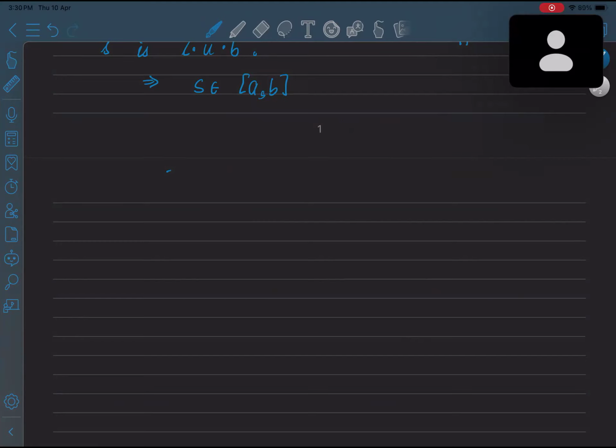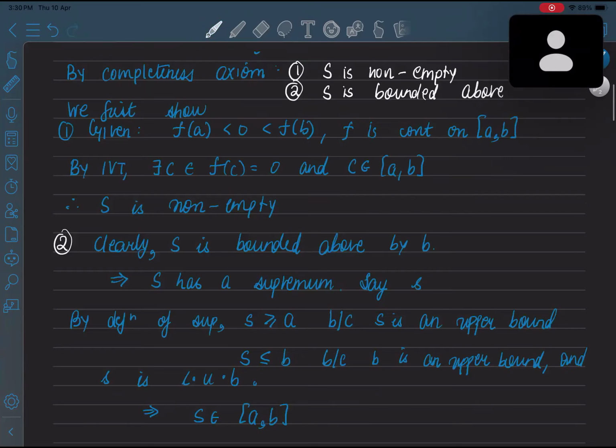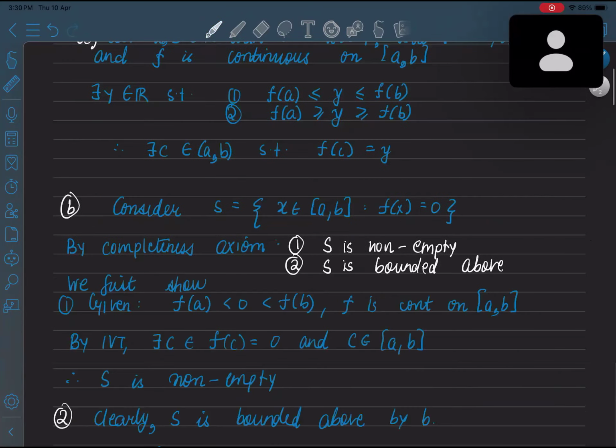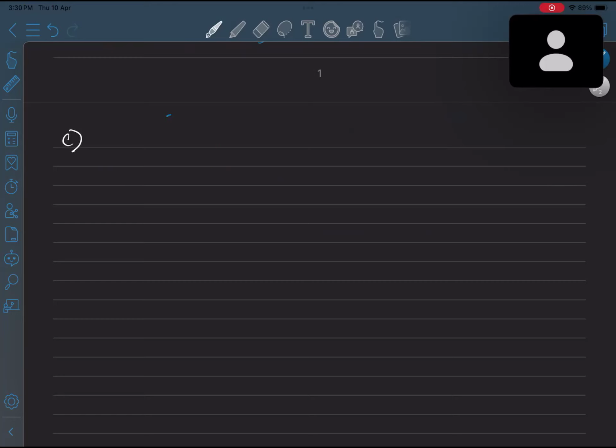Yes. Okay, perfect. And now for part C, all we need to show is that f of supremum of S is 0, that is, the supremum belongs to the set. So we need to show f of S is equal to 0. And so we'll essentially go by contradiction here.